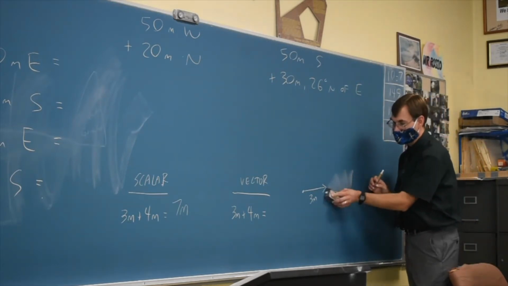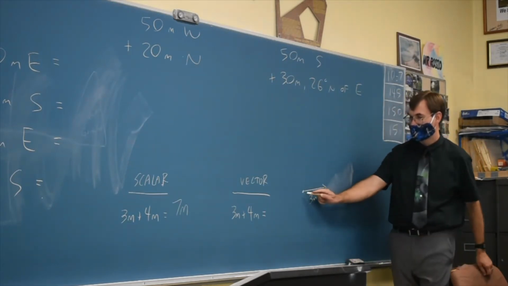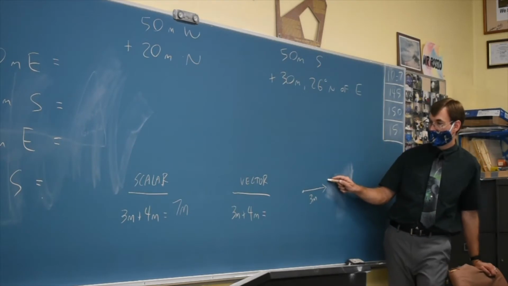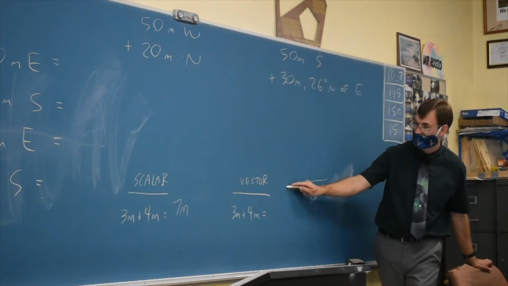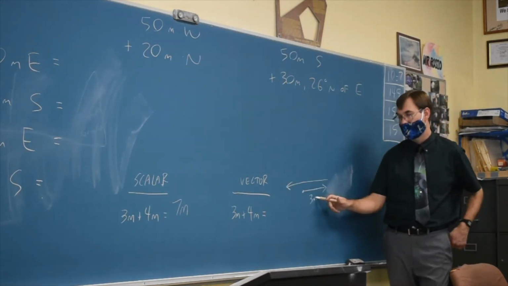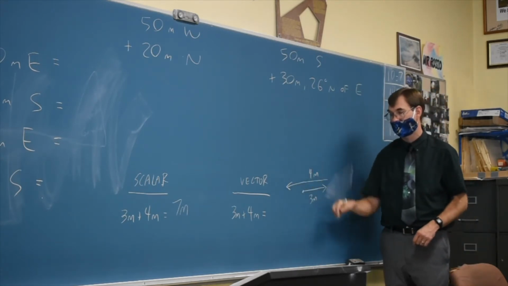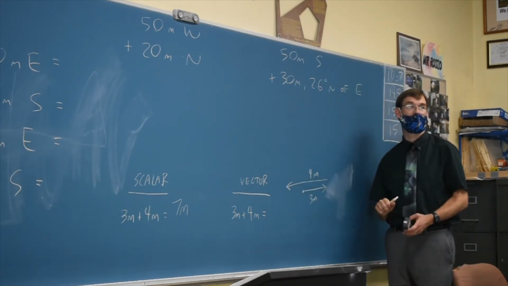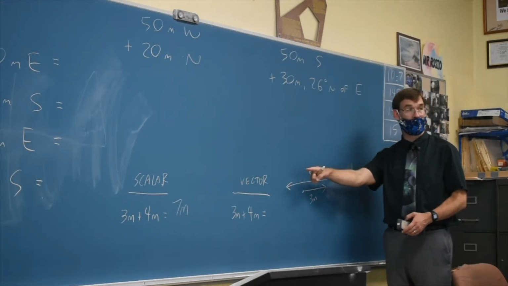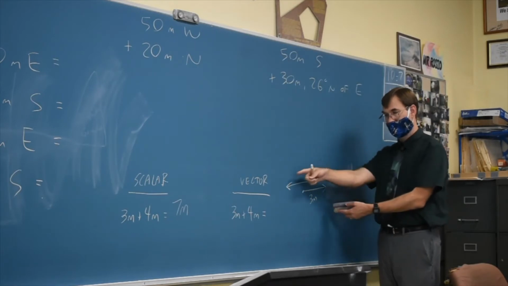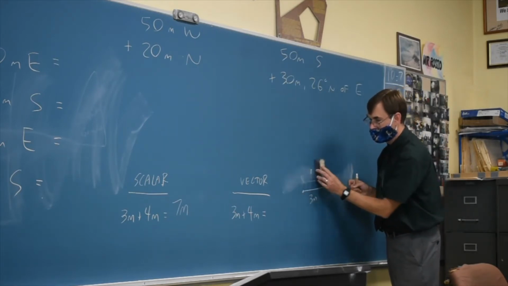But it's highly likely that after you've taken a walk in one direction, you're probably going to walk some other direction. If you walked straight back, 3 meters this way plus 4 meters that way would actually make 1 meter that way. Because you wasted your 3 meters and went an extra meter.